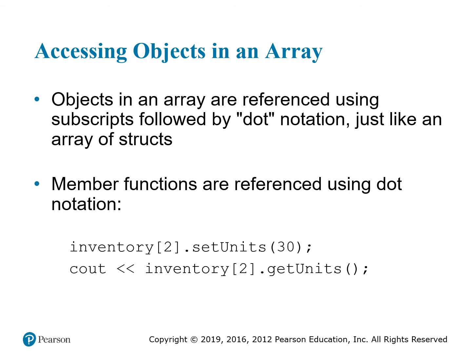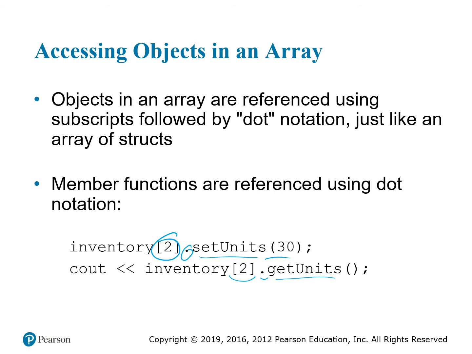Objects in an array are referenced using subscripts followed by dot notation, just like an array of struct. So inventory at subscript 2 dot set units 30, inventory at subscript 2 dot get units.